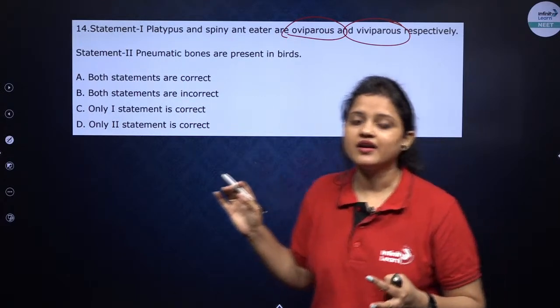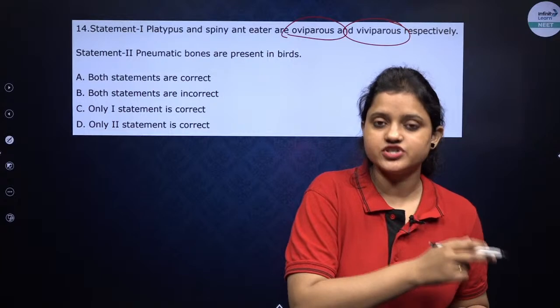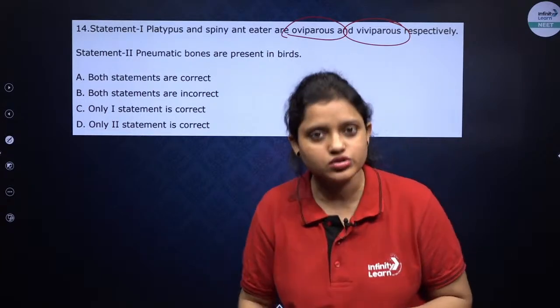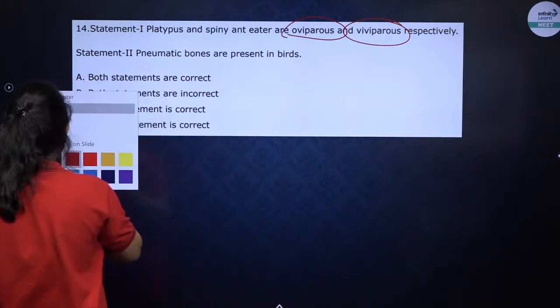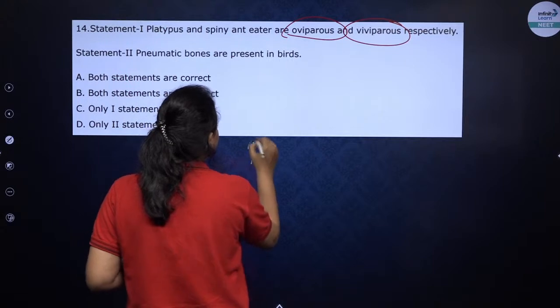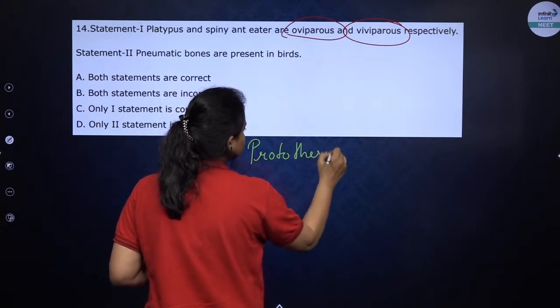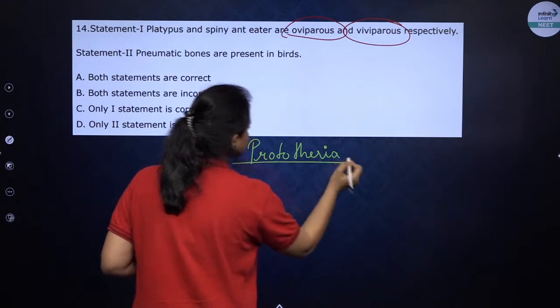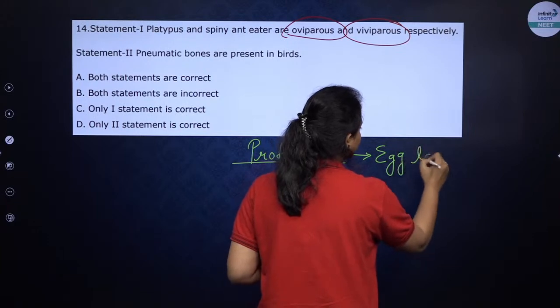So these are mammals, but they are egg-laying mammals, which are known as Prototheria. So let's write it down. Everybody write it with me, that platypus and echidna are Prototheria mammals. That means they will lay eggs. Both.